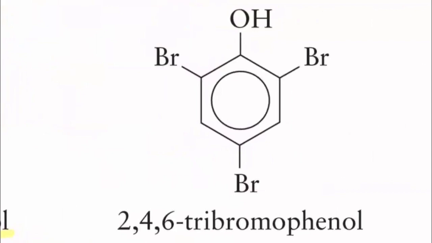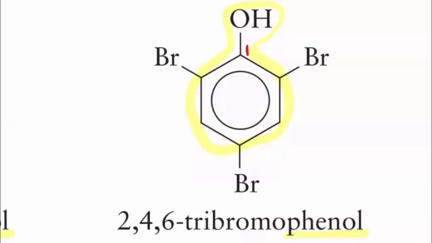Let's look at another example of phenol. The parent chain is going to be the phenol group. In this case, similarly, we are going to number the carbons in the ring system.